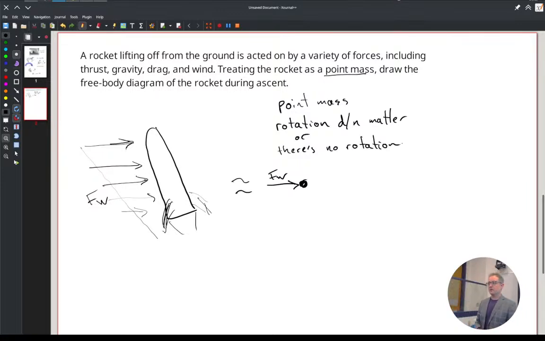Like a baseball, when you throw a baseball, whether it's spinning or not has minor effects on the actual motion of the baseball. So I don't really care what the torque on the baseball is. I just need total motion, so I can do a point mass assumption. For a rocket, if it's not rotating, then that's probably a great assumption.